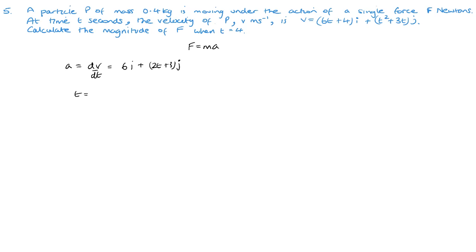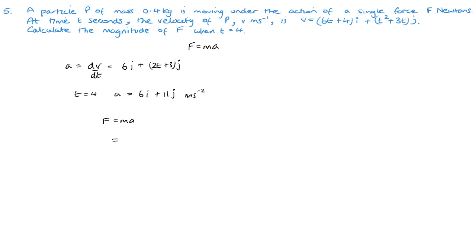Okay, now when t equals 4, a is going to be equal to 6i plus, 2 4s are 8, plus 3 is 11. So the acceleration is 6i plus 11j, and that's meters per second squared.